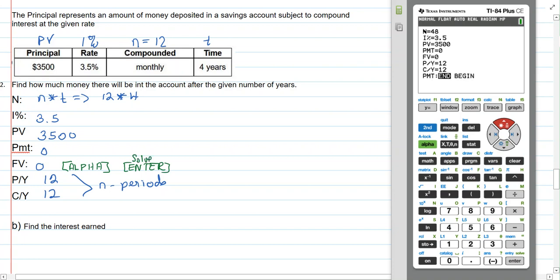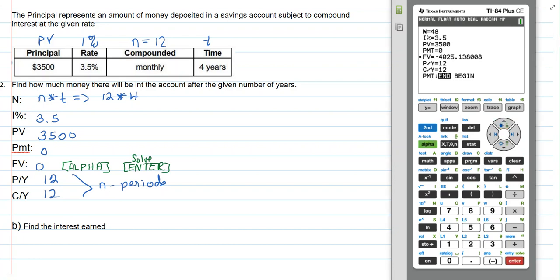I have the flashing cursor on future value, alpha solve, and I'm going to have this number right here. Again, we have the negative.